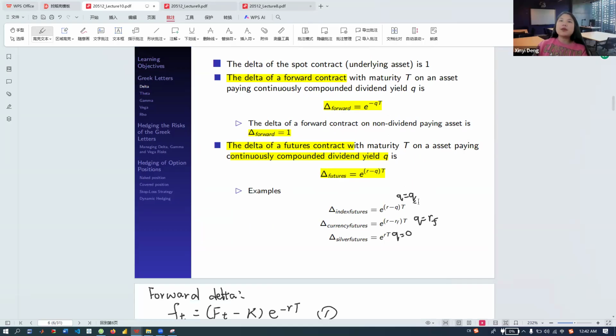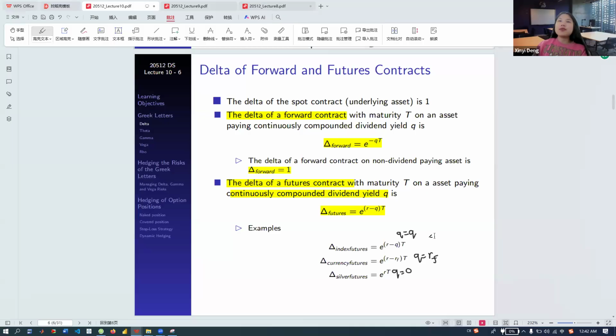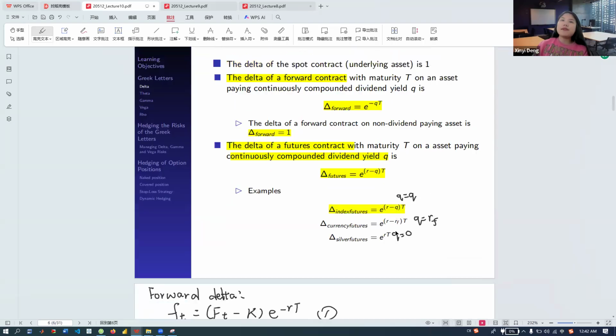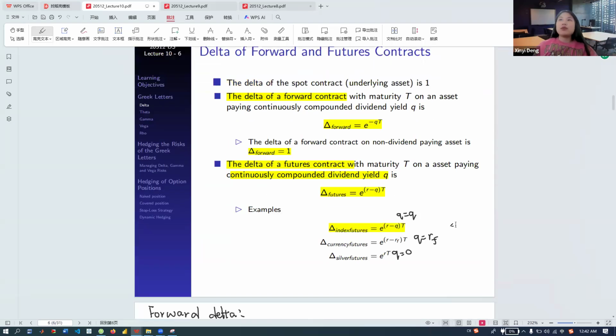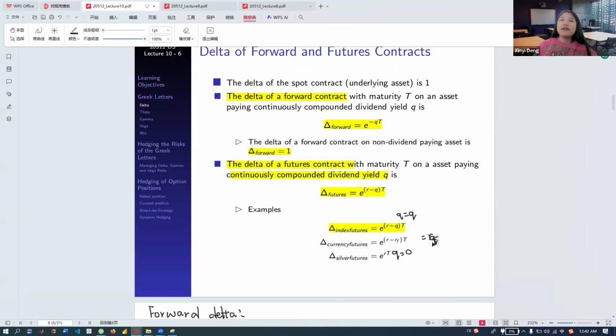More specifically, if we're dealing with index futures, q is the index dividend yield, so we're just using the same formula. For currency futures, q is equal to the foreign risk-free rate, so q would be equal to rf.